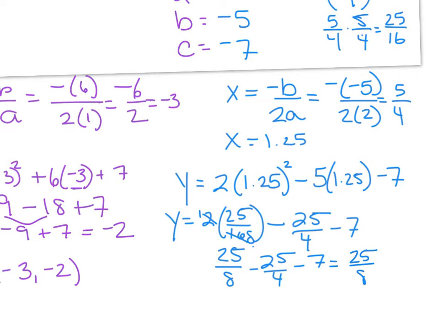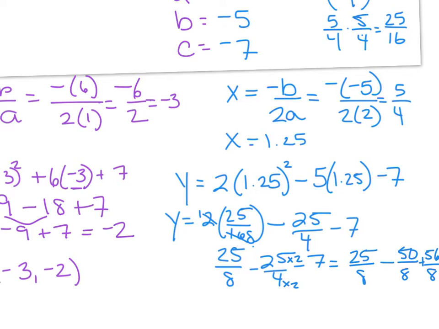So to make a 4 into an 8, I'm going to have to multiply by 2. Okay. So that'll end up being 50 over 8. And my 7, I'm going to do 7 times 8, which is 56 over 8, because 56 divided by 8 is going to give us 7.